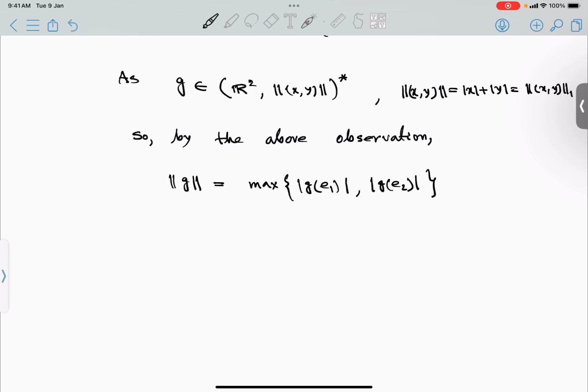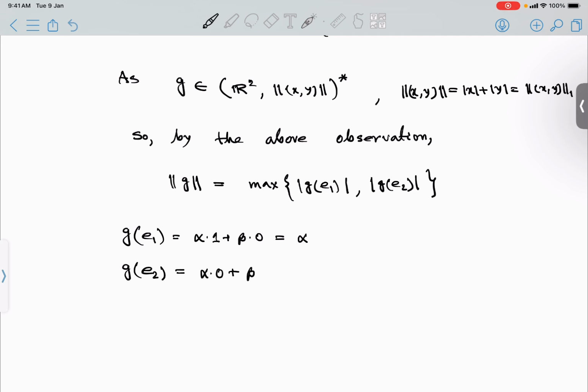And what is G e1? G is alpha, e1 is 1, so alpha times 1 plus beta times 0 is alpha, and G of e2 is alpha times 0 plus beta times 1, which is beta.